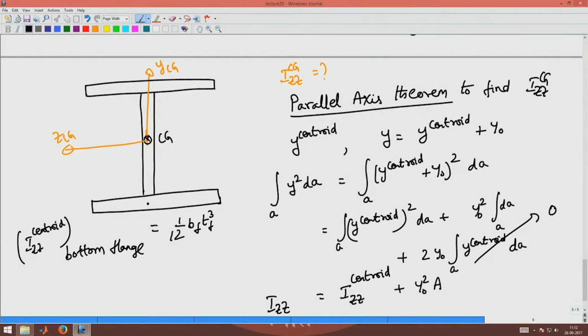We saw that for a rectangular section, this is Z and this is Y of the centroid, and if this height is H and this width is B, IZZ is BH cube by 12. We saw this in the last lecture. From here I extrapolate for the bottom flange, wherein the thickness now is TF and the width is BF.